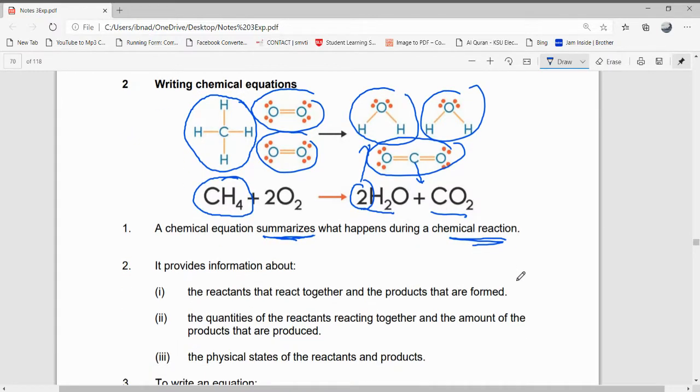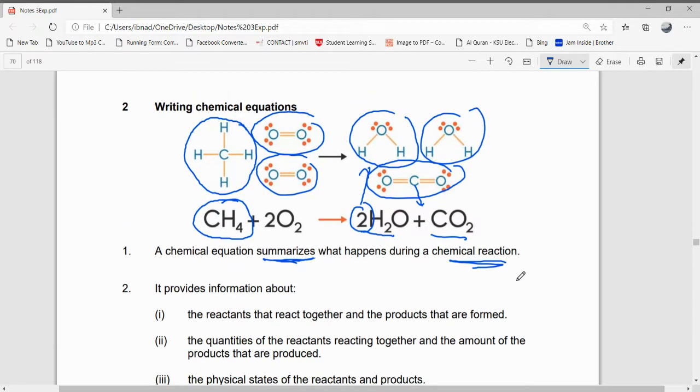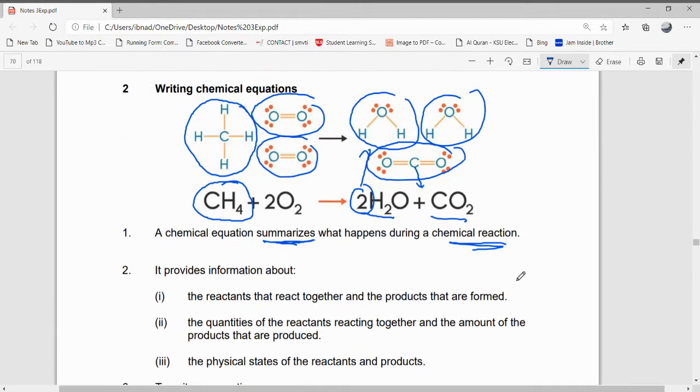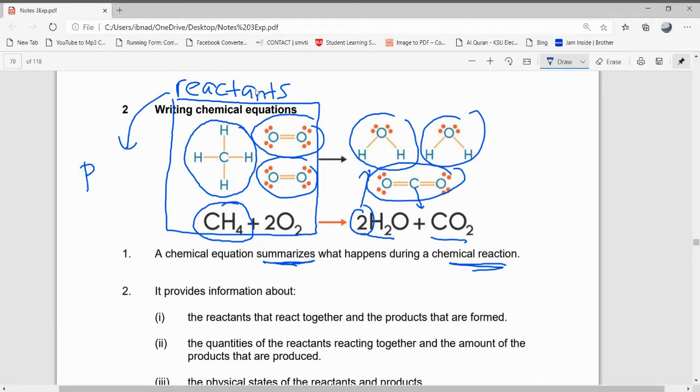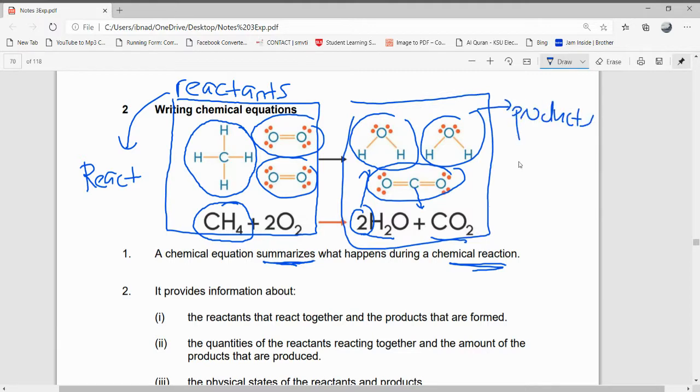So in a chemical equation, there are two parts. You have the left hand side of the arrow, we call this the reactants, from the word react. On the right hand side of the arrow, we call them products, because they are produced in the reaction.